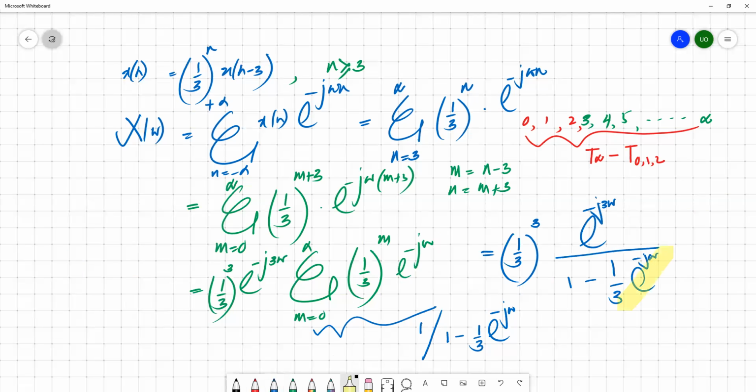So you get the same answer as in the previous one. This is basically using the standard definition of the Fourier transform, whereas previously we used the time reversal property and just applied it.